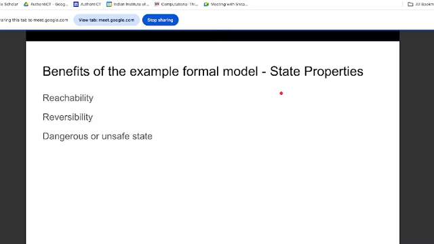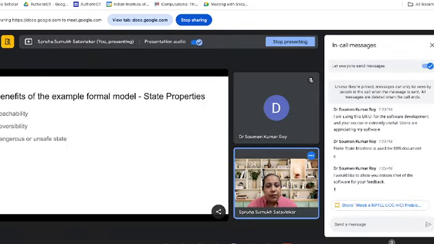Now the third thing is the dangerous or unsafe state. From this model we may not be able to find the dangerous or unsafe state, because this push button operation may be very simplistic, so we may not have an unsafe state. Unsafe state actually means that we may not be able to define what the state is.